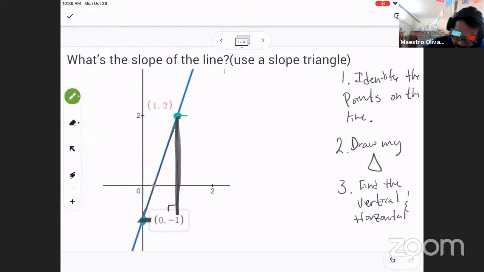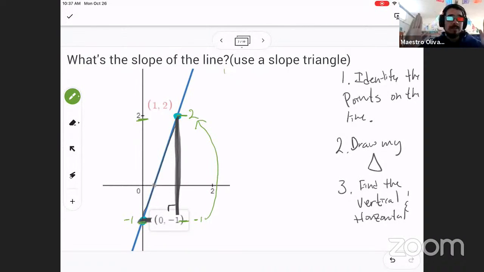Up here, this is 2. And we know that because the 2 is right there. All the way down here, this is a -1. So if it goes from -1 all the way to 2, what is that distance there? How far is -1 from 2?